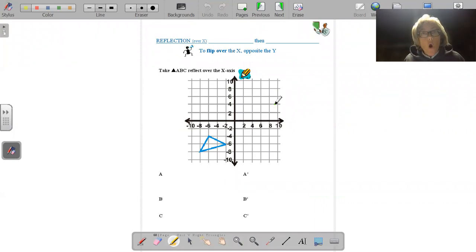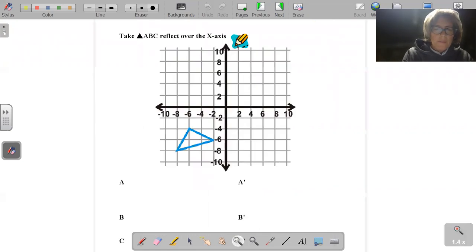Now to flip over the x, you opposite the y. Put your hand on the x-axis, put your fist here. Now flip over the x-axis. Notice you're flipping over the x, but the motion of your hand is vertical. So to flip over the x, you opposite the y.